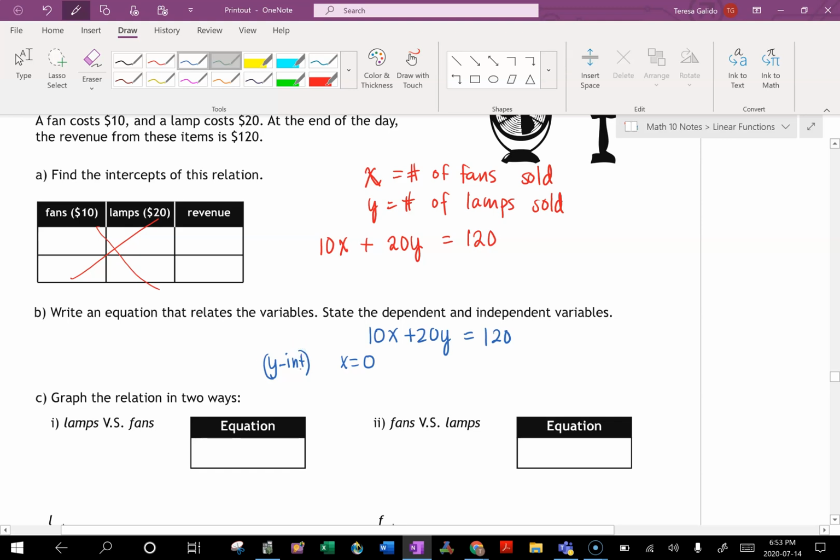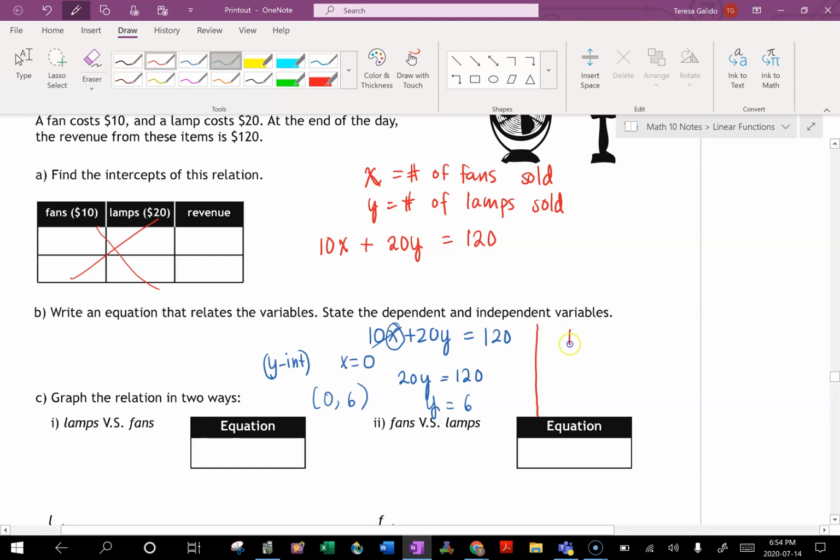If x is equal to 0, then 20y is equal to 120 because the x term will be gone. Then divide both sides by 20, so y is equal to 6. So when x is 0, y is equal to 6.